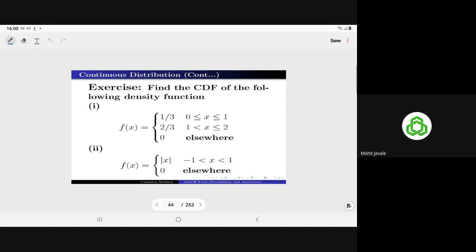Find the CDF of the following density function. For the first question we have done. Now the second question: f(x) is equal to mod of x for the range -1 to 1, otherwise it is 0.